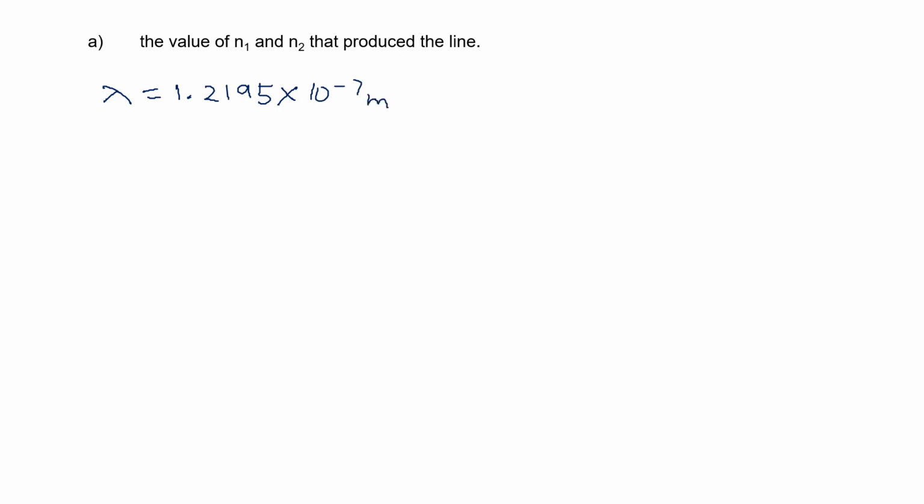So we can use 1 over lambda equals RH times 1 over N1 squared minus 1 over N2 squared, where N1 is less than N2.